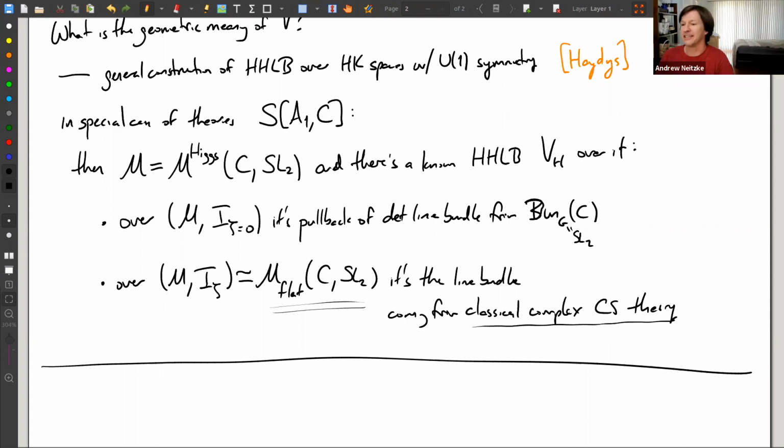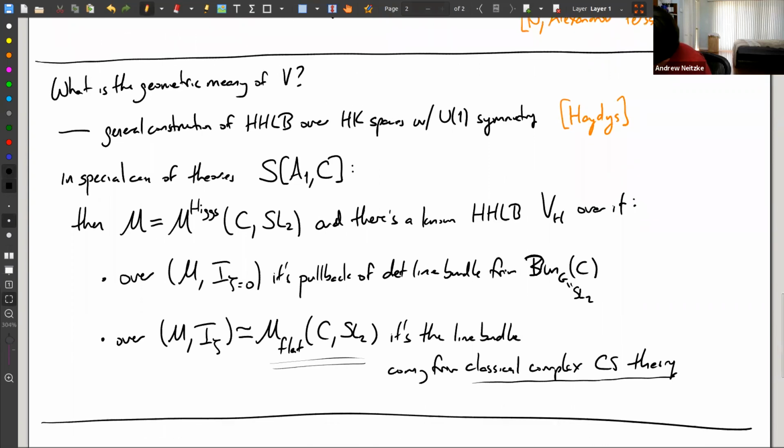You mean if you took some other hyperkähler manifold that just has a U1 symmetry? Oh, you mean other examples of N=2 theories where we can understand what this thing is? Right. So I guess, this was something that had to do with SL2 connections. You could say something similar for SLN connections, and then it's almost surely the parallel story.